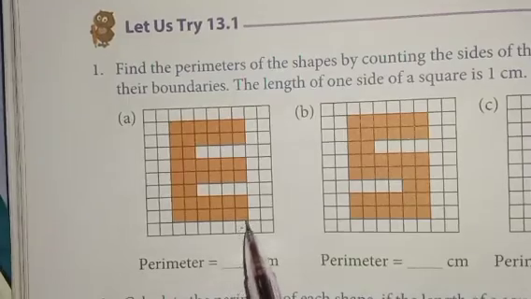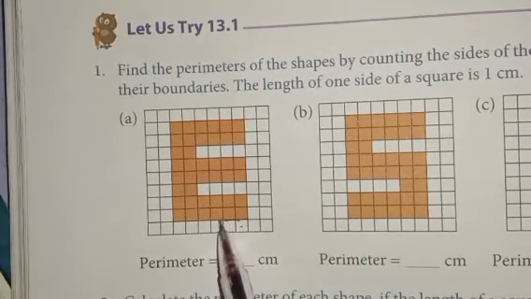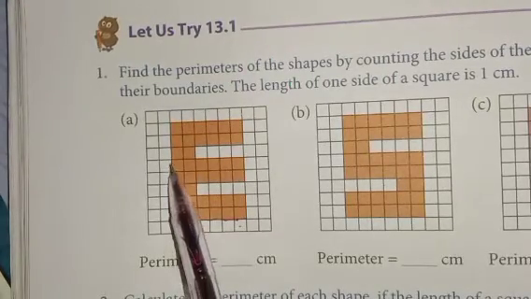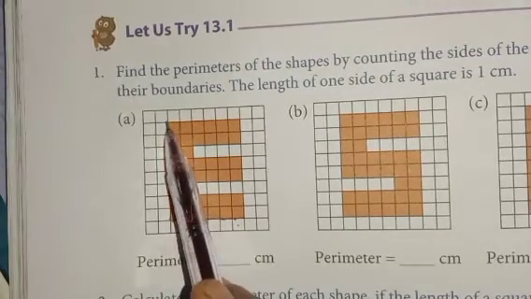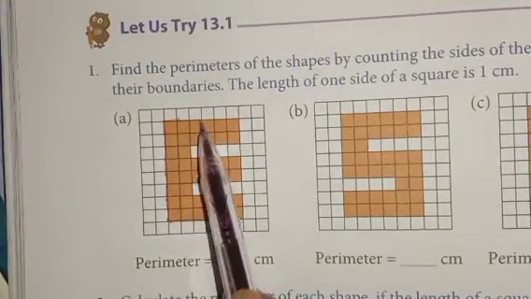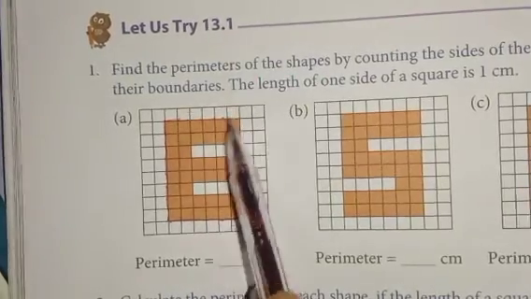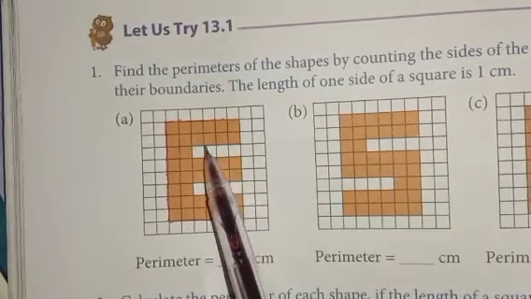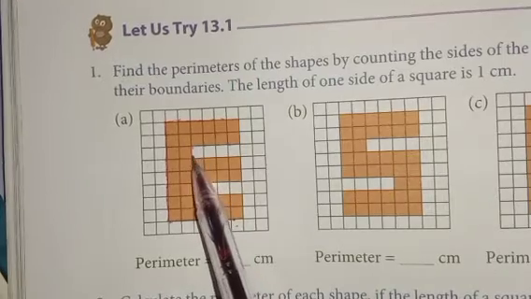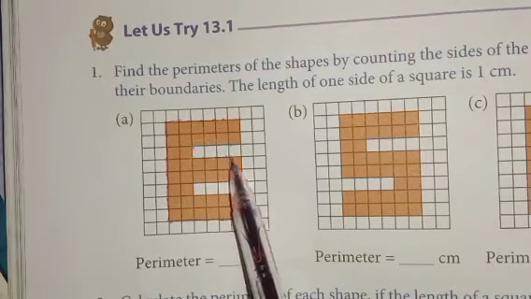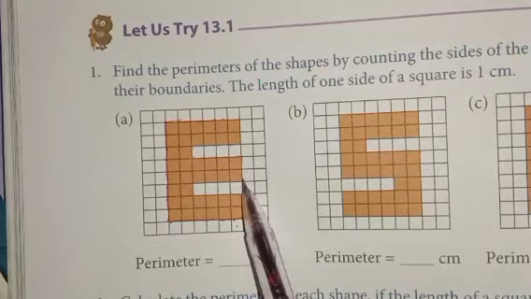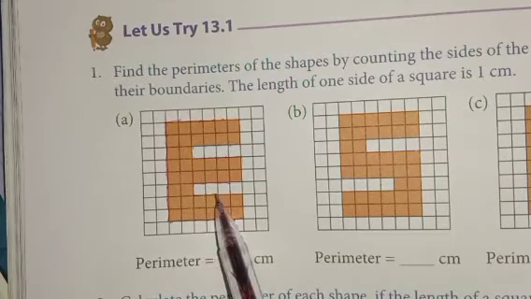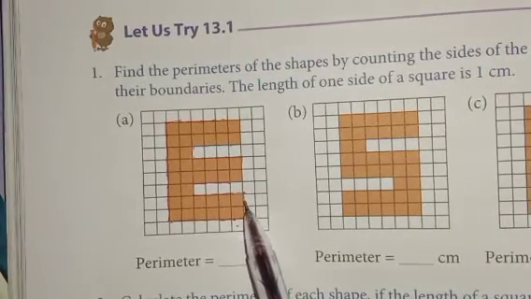We can start from here: 1, 2, 3, 4, 5, 6, 7, 8, 9, 10, 11, 12, 13, 14, 15, 16, 17, 18, 19, 20, 21, 22, 23, 24, 25, 26, 27, 28, 29, 30, 31, 32, 33, 34, 35, 36, 37, 38, 39, 40, 41, 42, 43, 44.